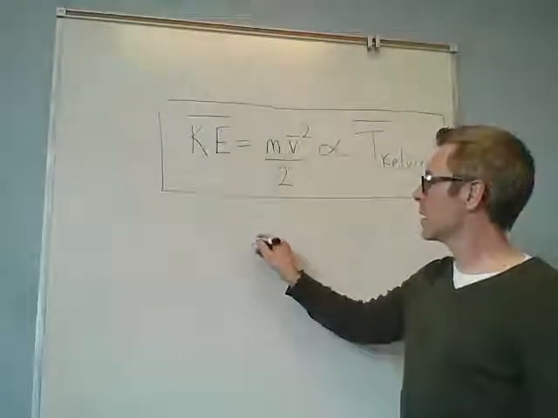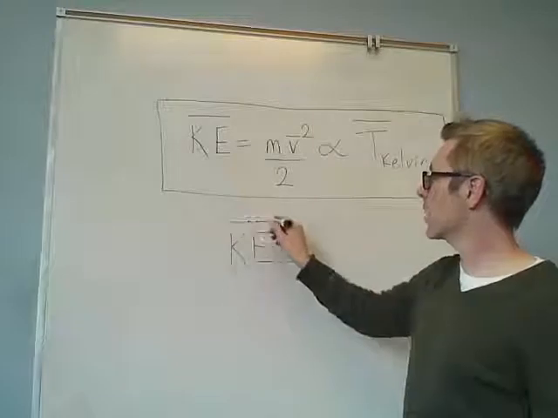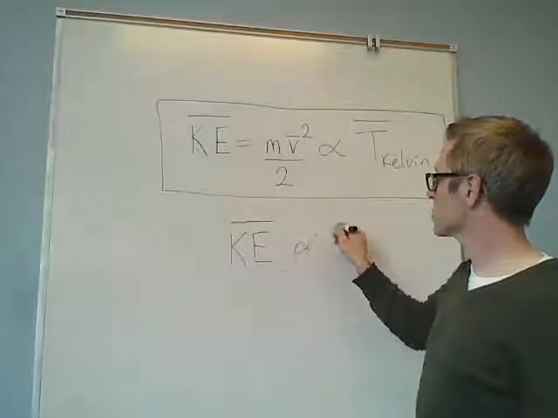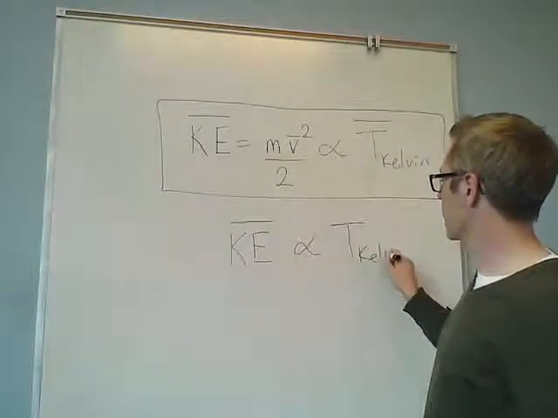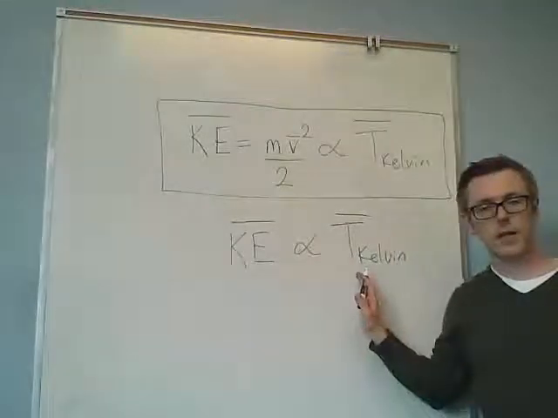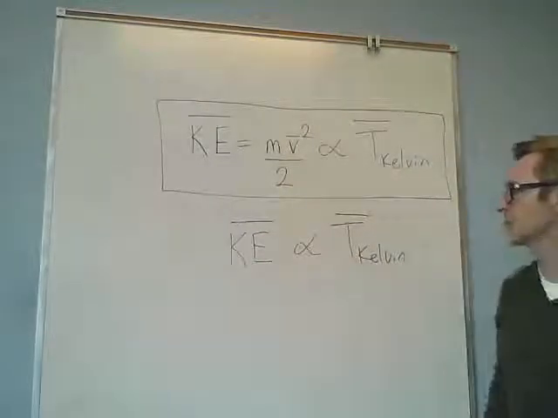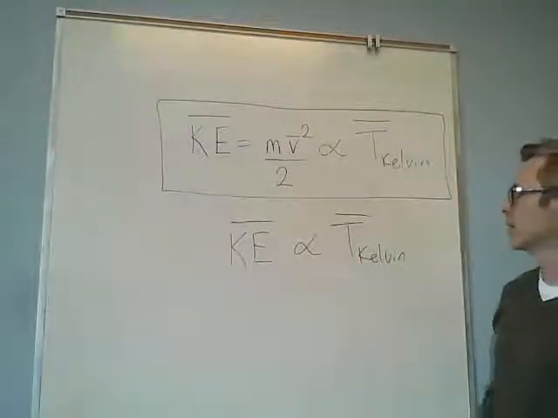So the kinetic energy, on average, is proportional to Kelvin temperature. Notice it's Kelvin and nothing else. This is one of the reasons why we have to use Kelvin temperature in gas calculations.